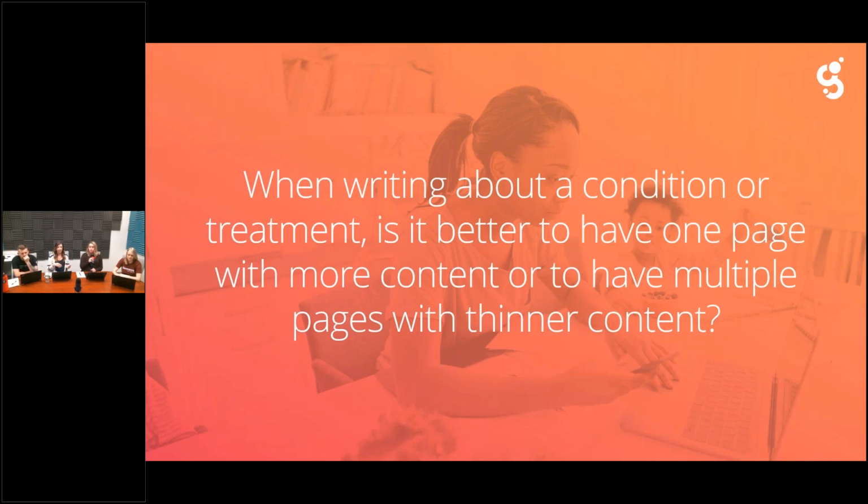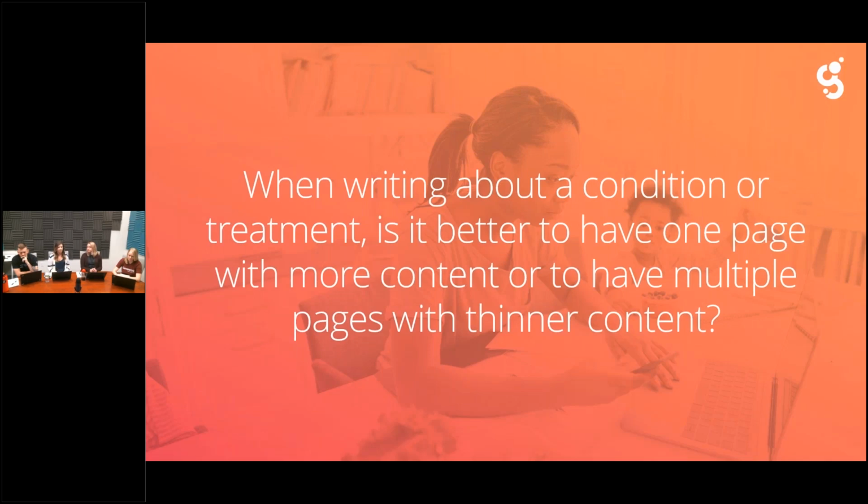But there's different ways you can fit a lot of that information onto your page with subheads and bulleted lists, and just making sure that you're writing for the user and their intent. If you think of different conditions and treatments, consider how much information you would need for answering someone's questions about cancer versus ear infection.